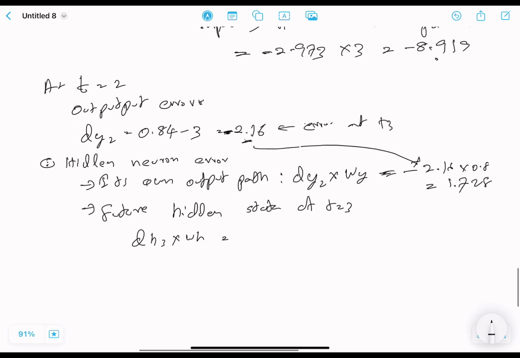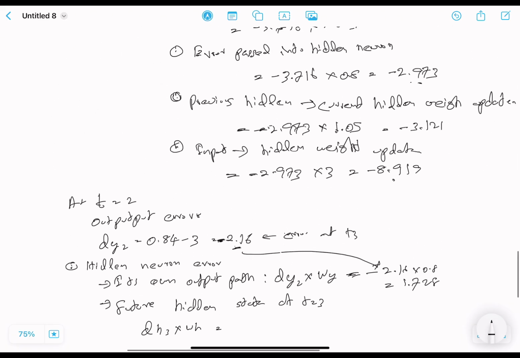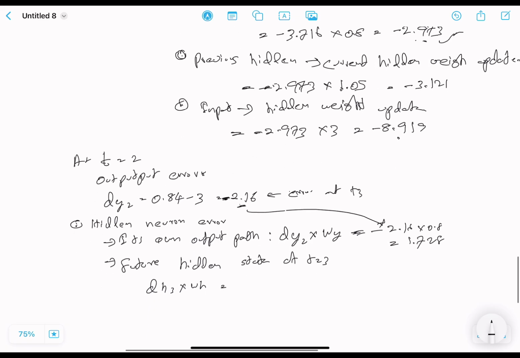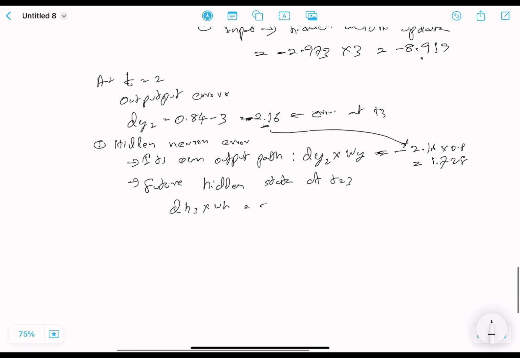As you can see, dh3 is minus 2.973, into the weight 0.1. So the answer is minus 0.29728.